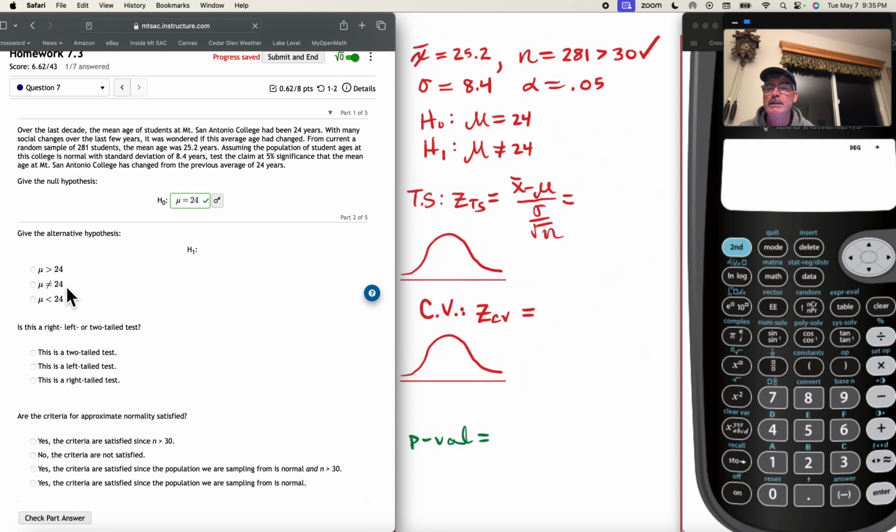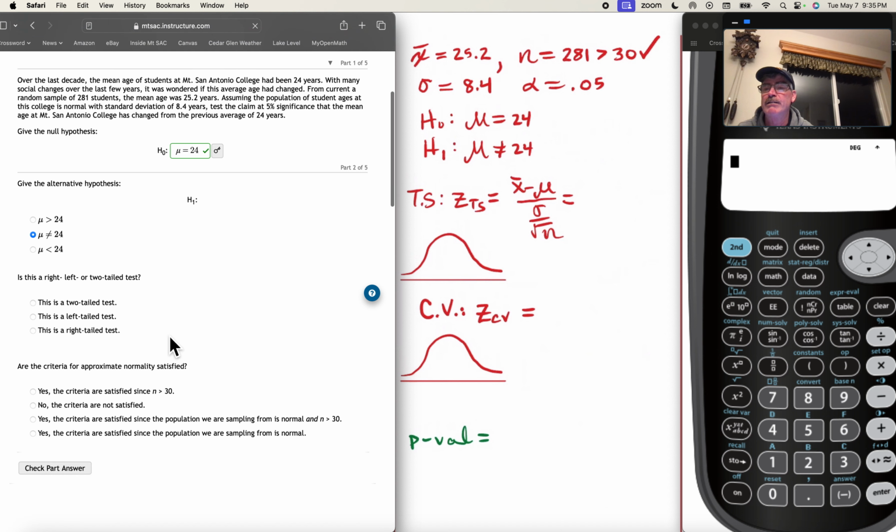So the alternative hypothesis would be mu is not 24. Okay, we figured that out. Whenever you have a not equal, just a quick reminder, this makes it a two-tailed test. Okay, and so we'll say it's a two-tailed test.